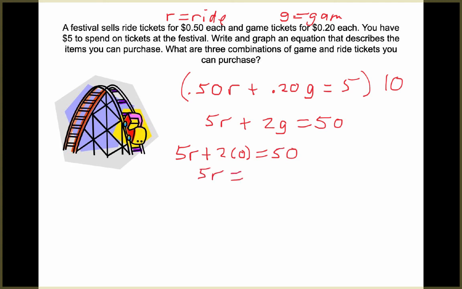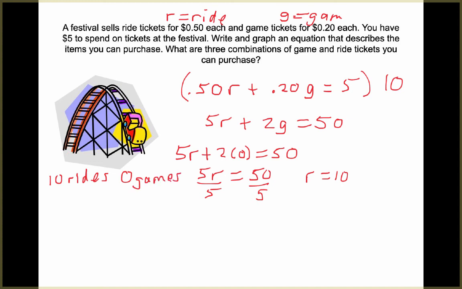So we have 5r equals 50, and we divide by 5, and we could go on r equals 10. We could go on 10 rides and 0. So one of our combinations is 10 rides, 0 games.